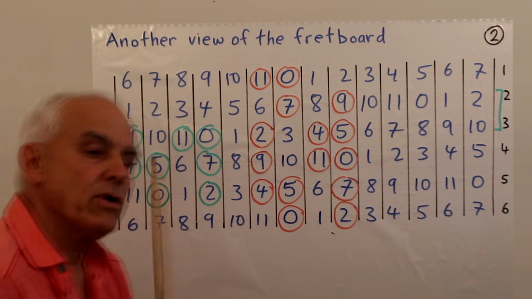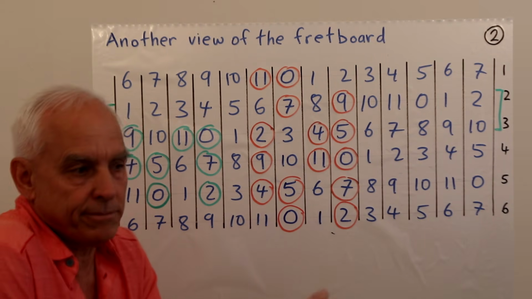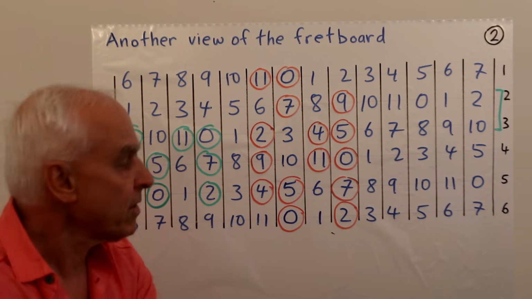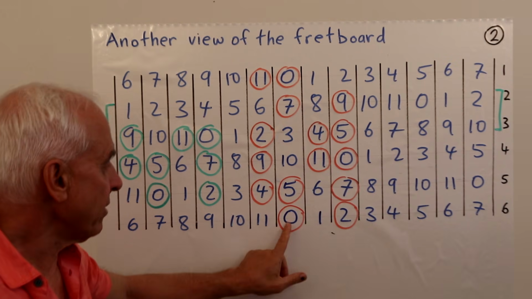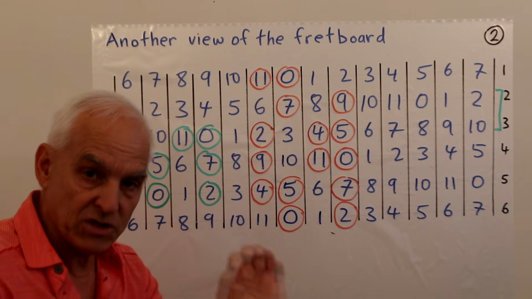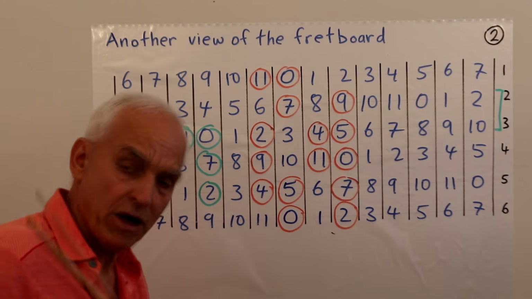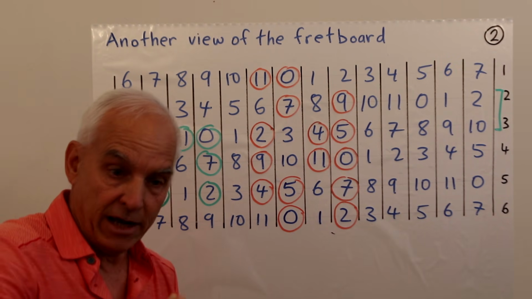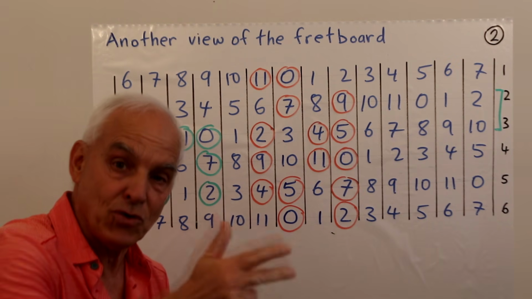And we can do it now in terms of a scale. We might as well choose the major scale, which is the most familiar one. So what does a major scale look like based on an essentially arbitrary starting point on the bottom string? Say that one there. Well, remember that if we're starting with 0, the interval sequence for a major scale is 2, 2, 1, 2, 2, 2, 1.